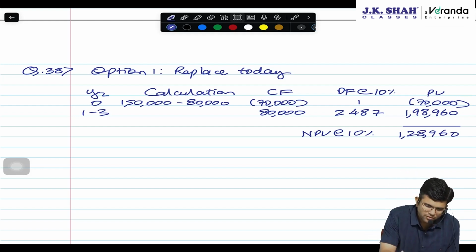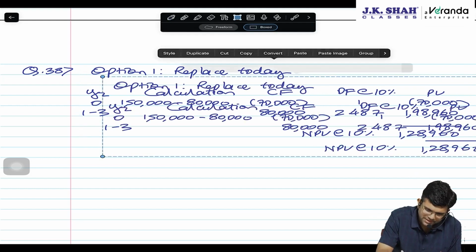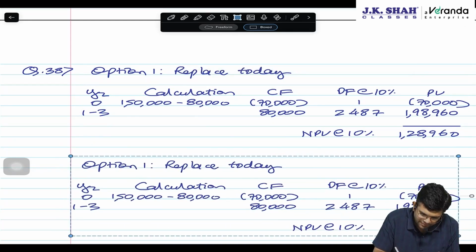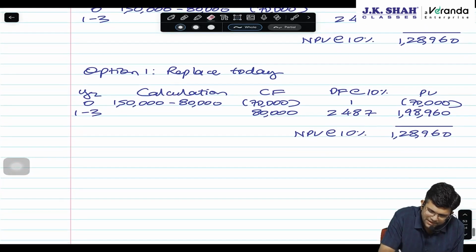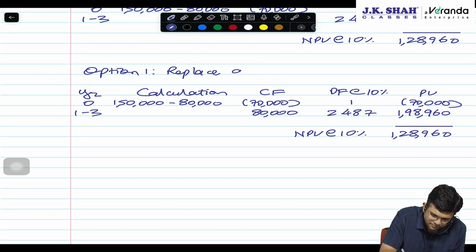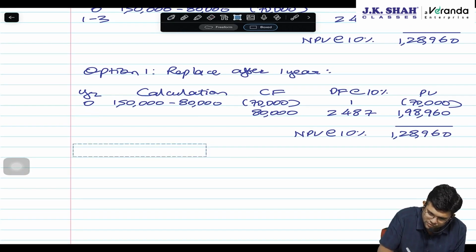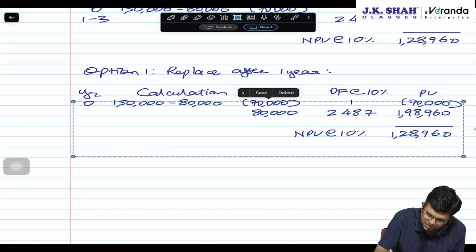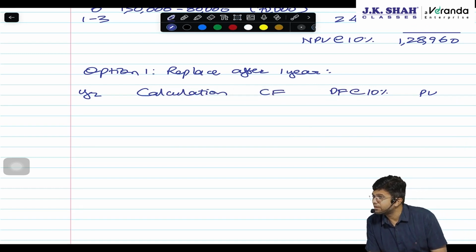Okay. What other option do you have? The other option is replace after 1 year. If I replace after 1 year, then can someone tell me what all changes will happen? So first of all, I'll remove all of this. Now, tell me, in year 0, can I say nothing will happen?